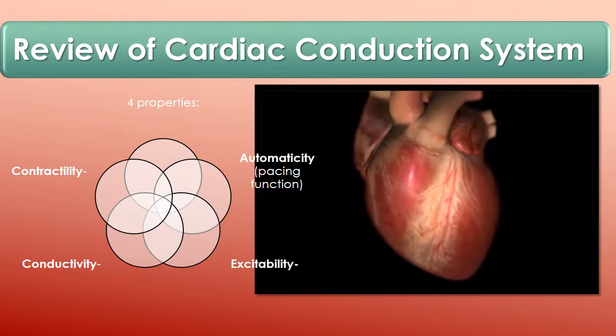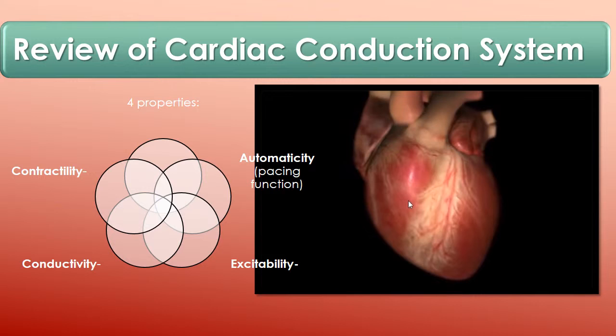Now, let us begin by reviewing the cardiac conduction system. It all starts with specialized myocardial cells capable of regulating heart rate and rhythm through 4 different properties. I'm going to talk about all 4 properties here. The cardiac myocardial cells are capable of automaticity, which is a pacing function of the heart.